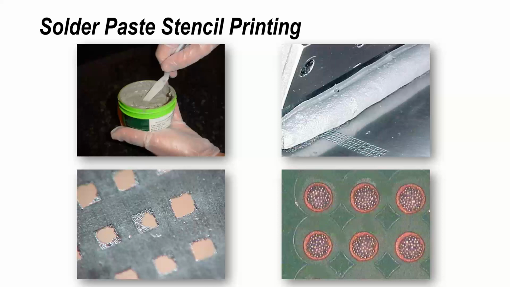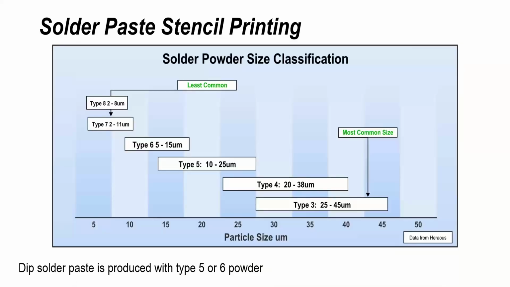Now, solder paste materials are available from suppliers with different sizes, and up until recently, type 3, 25 to 45 microns, was the most popular, universally used. Now, type 4 is a very common material, which has really become the natural standard. And partly that is due also to the price.